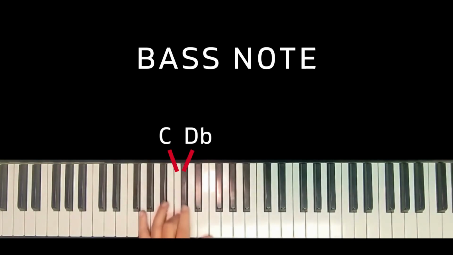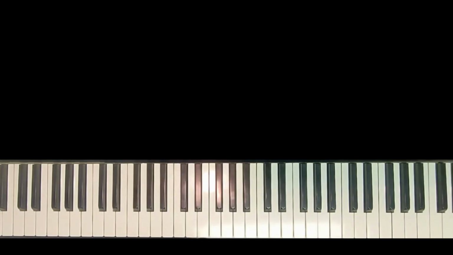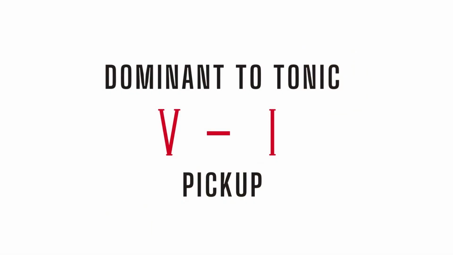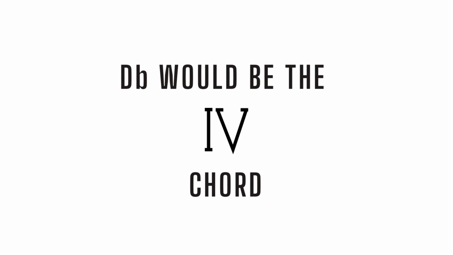Then the bass note goes from a C natural to a D flat, with the C natural serving as a passing note. At this point, you'd think we're going to be in A flat major, especially with the classic dominant tonic pickup in the bass, and then the implied one chord first inversion on the C natural passing note, moving us to D flat, which would be the 4 chord.